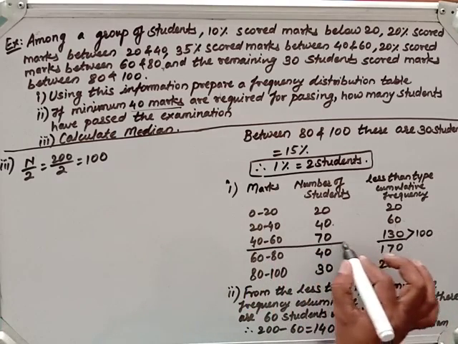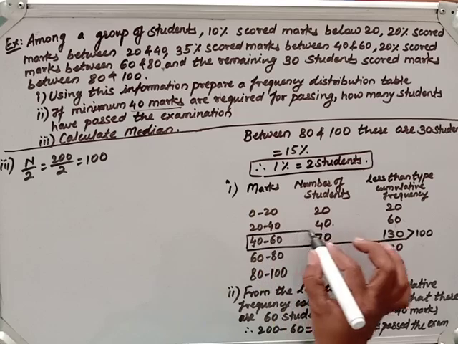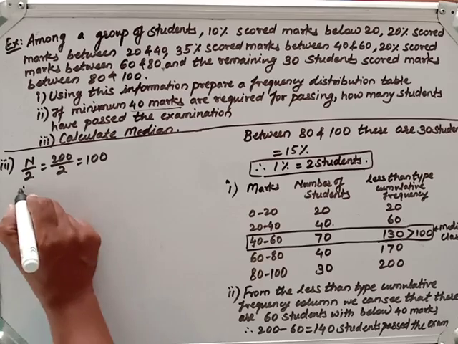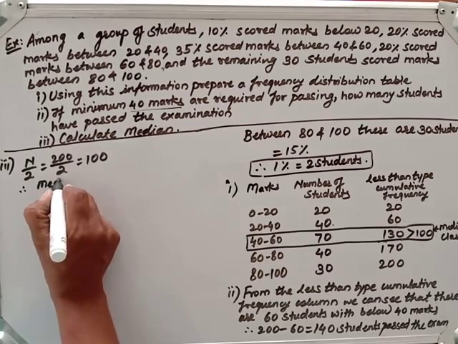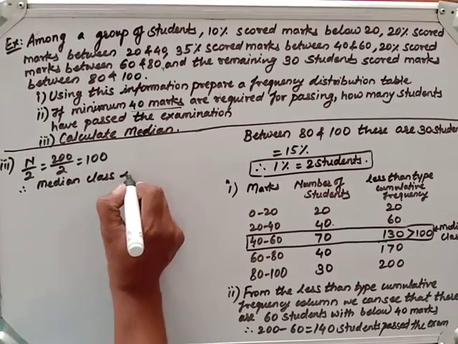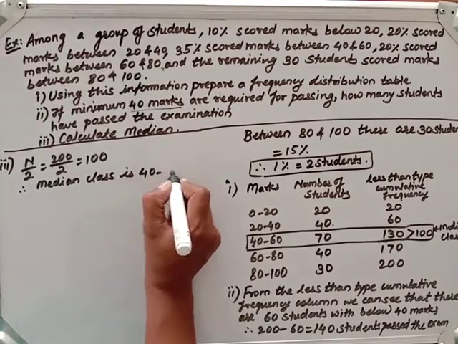So this class is our median class. Median class is given by 40 to 60.